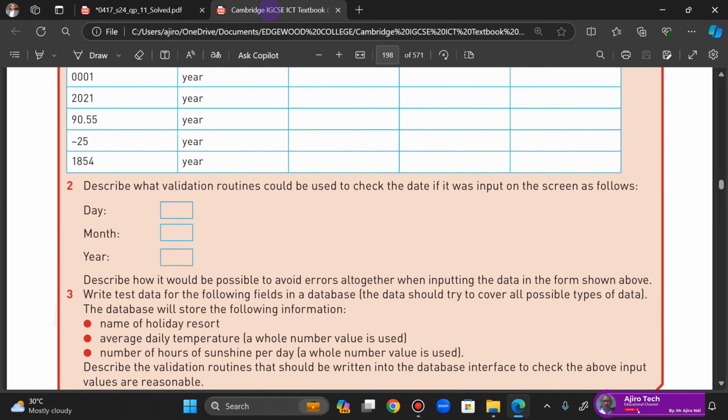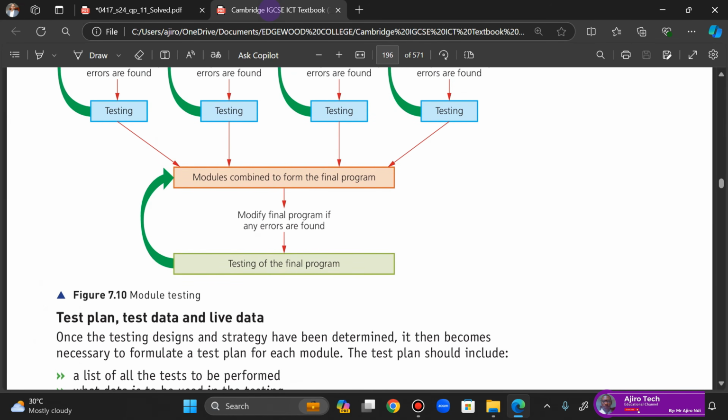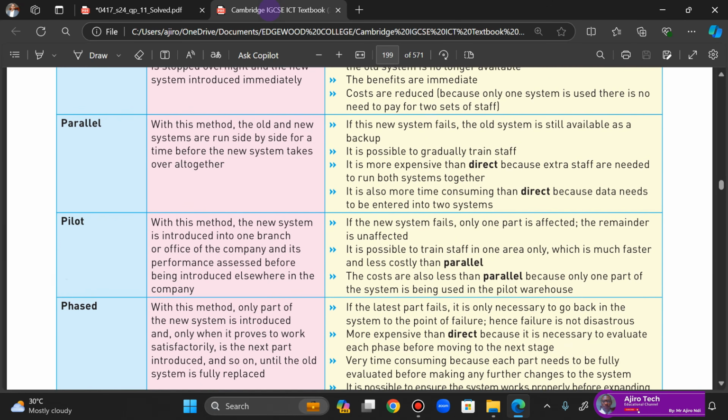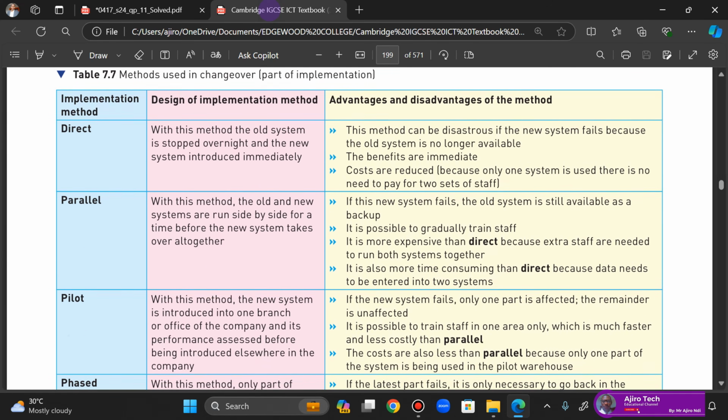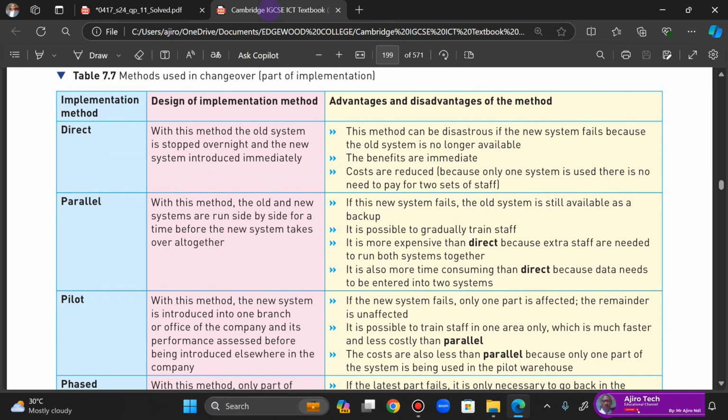Implementation, documentation, test. So benefits are immediate. Then for the parallel, it is possible to gradually train staff.